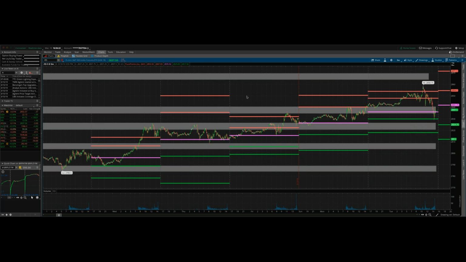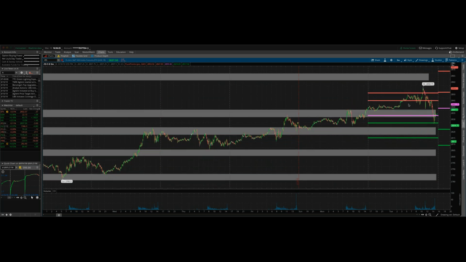So the pivot points is one thing. The second one is the gray zones that I've drawn in here. So again, this is something that I draw in manually. It is just based on what the market has done in previous time frames and previous days with those zones.